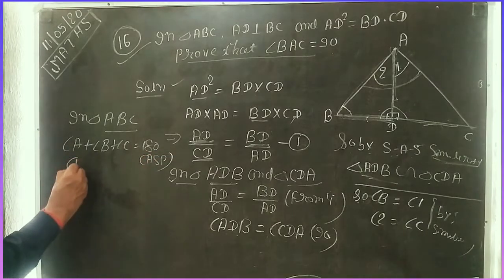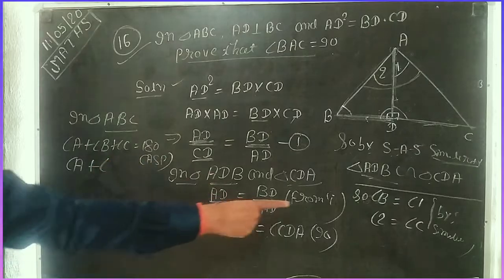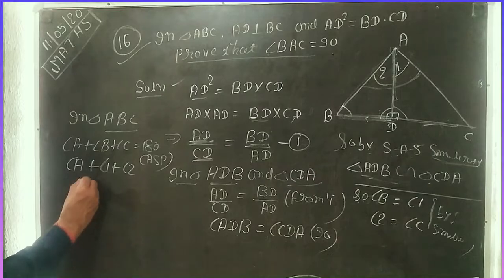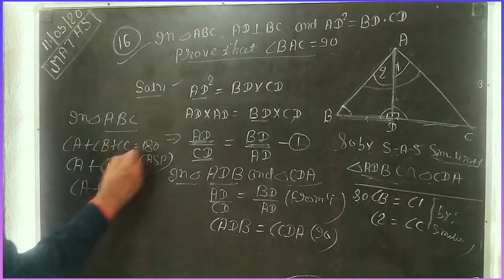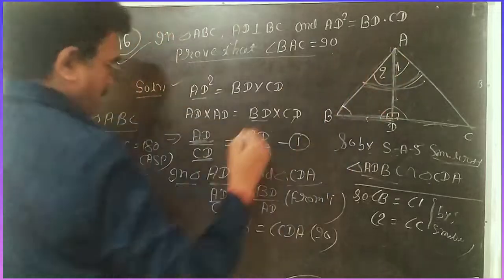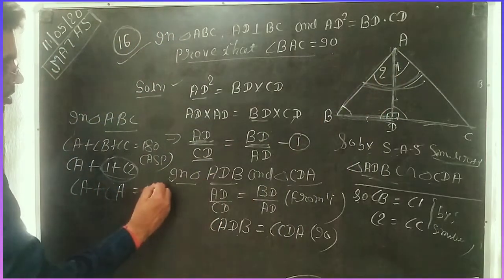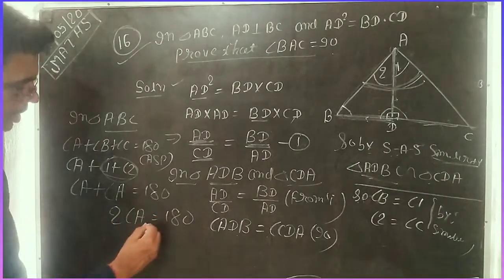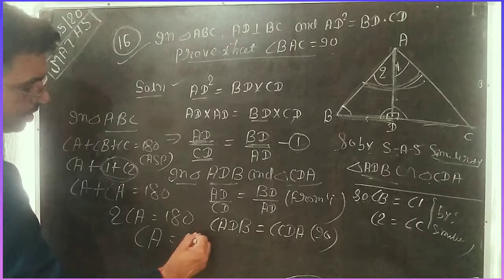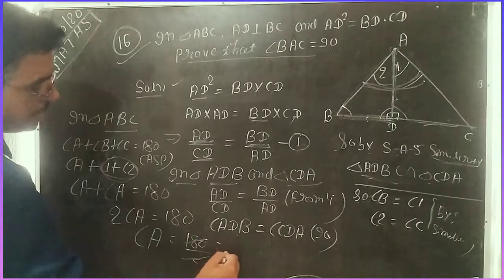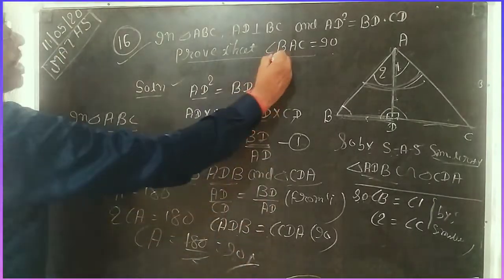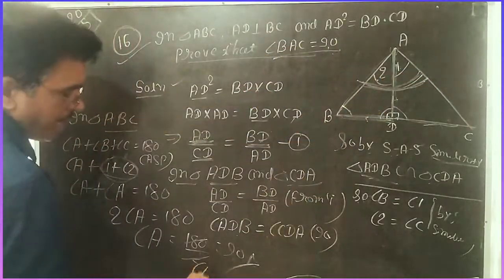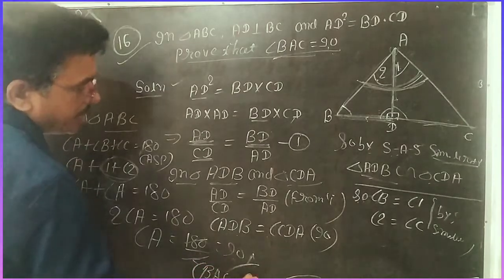Here A is what you have to prove, so write A plus B, which is 1, and C, which is 2. A plus 1 plus 2 is 180. Then 2 angle A is equal to 180. Then clearly angle A is 90, 180 by 2, that is 90. So dear students, angle BAC is 90. That's okay. This is the last question of today.